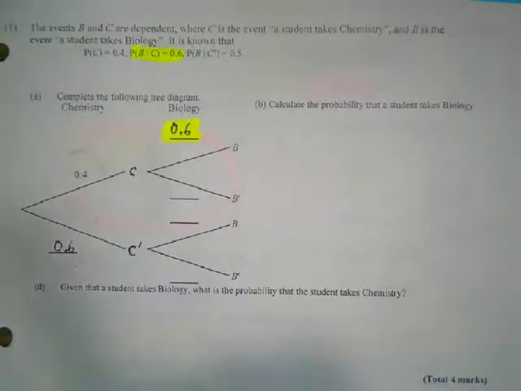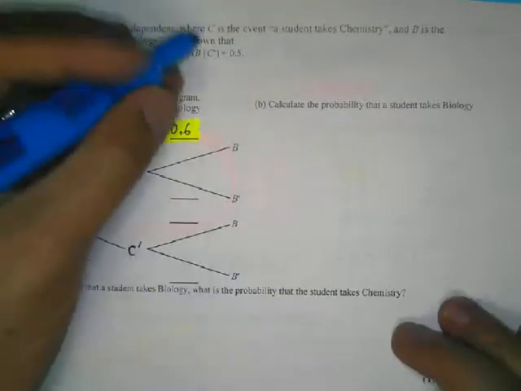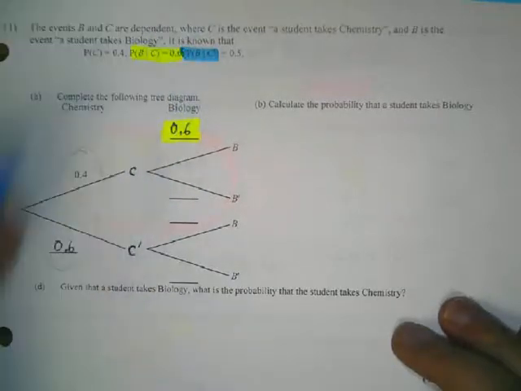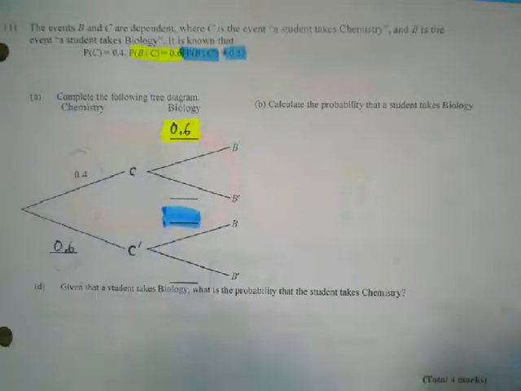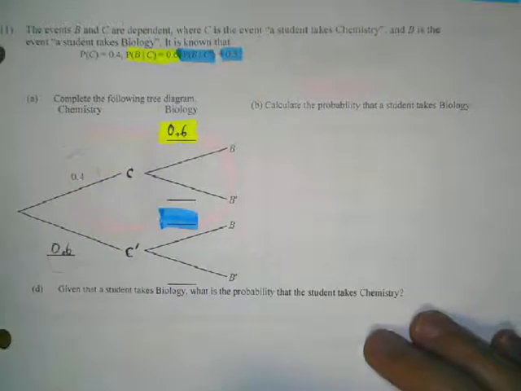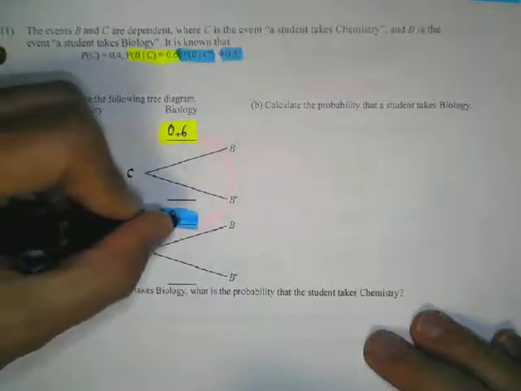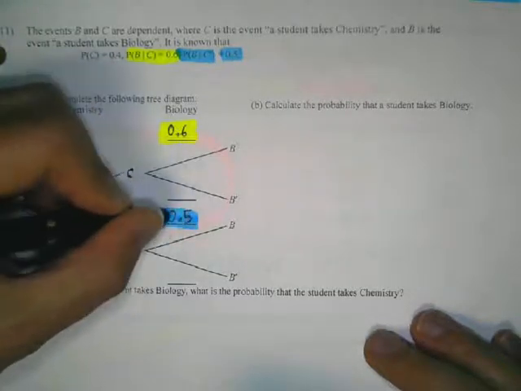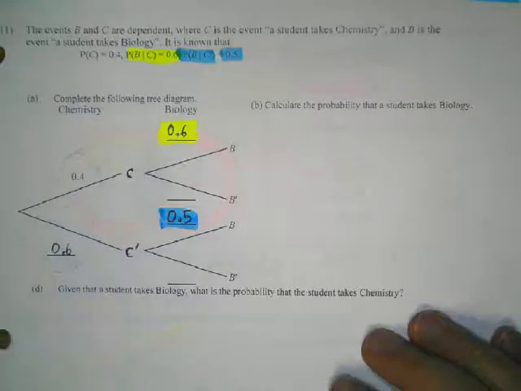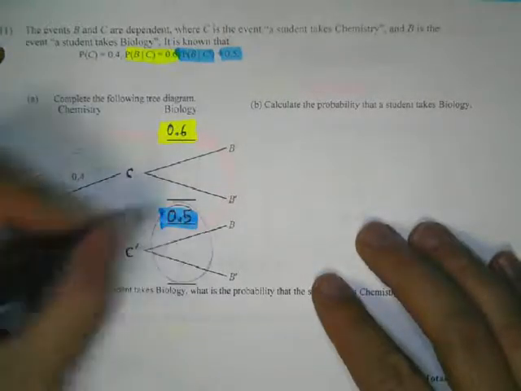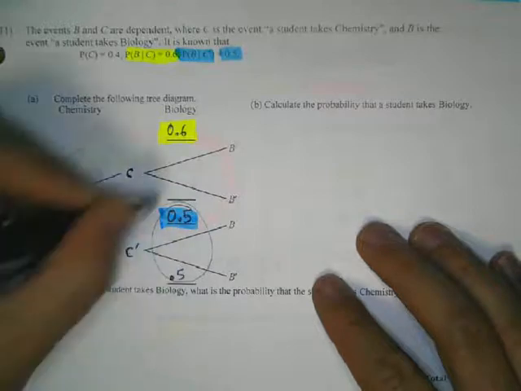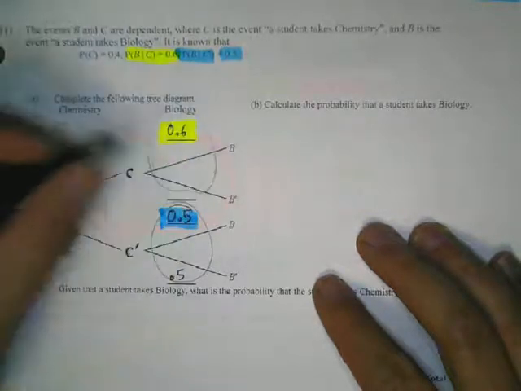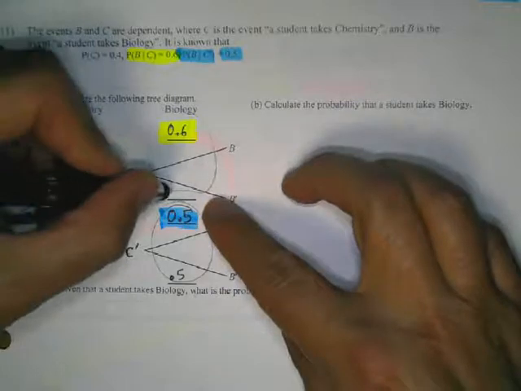And this other one, the probability of getting B given that you're not C is 0.5. Okay, so now that I know those parts of the tree, I can figure this out, because these two here have to add up to 1. So if that's 0.5, this here has to be 0.5. And then these two have to add up to 1. So if that's 0.6, this has to be 0.4.